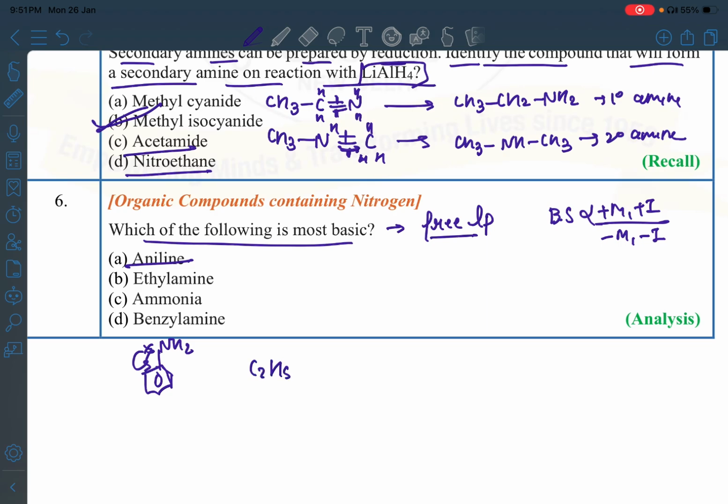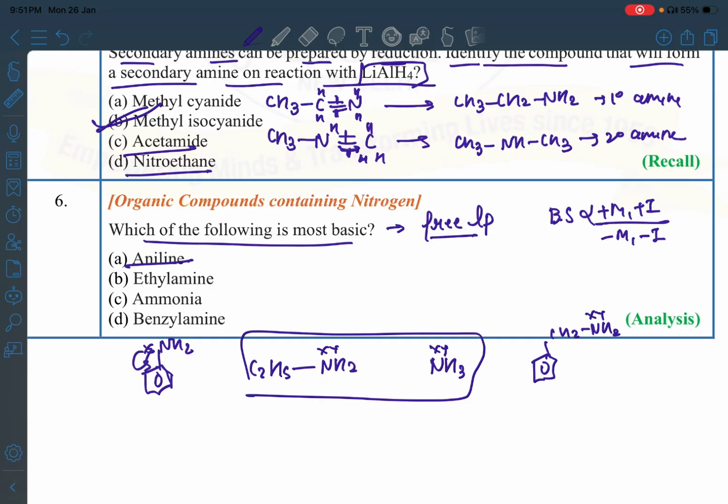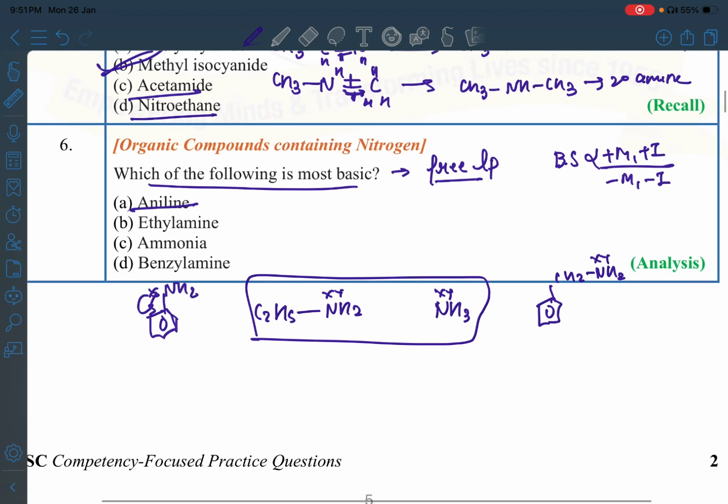Then we have C2H5NH2. Then we have ammonia, which both have a free lone pair, and then we have this also, C6H5CH2NH2, benzylamine. Now because both have a free lone pair, we notice this group C2H5 is a +I group, which actually increases the basic strength. So ethylamine will be the most basic.